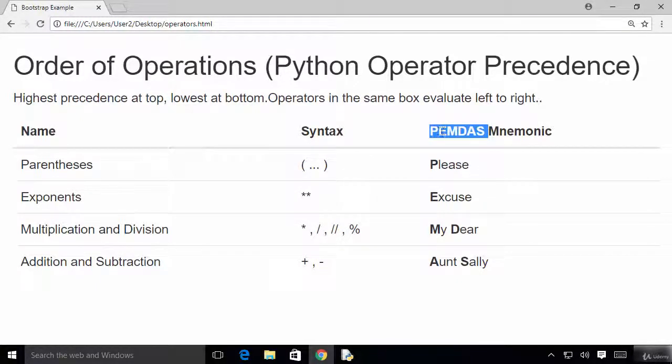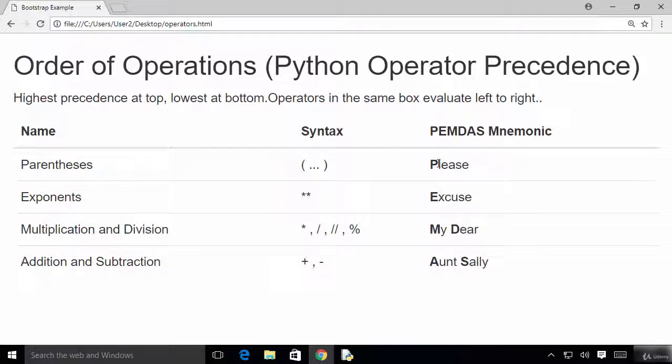PEMDAS. P stands for parentheses, E stands for exponents, M stands for multiplication, D stands for division, A stands for addition, and S stands for subtraction. Okay, so you can either remember this name, which is PEMDAS, or you can use this sentence which I have written here: Please Excuse My Dear Aunt Sally.